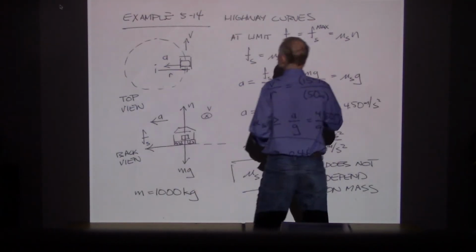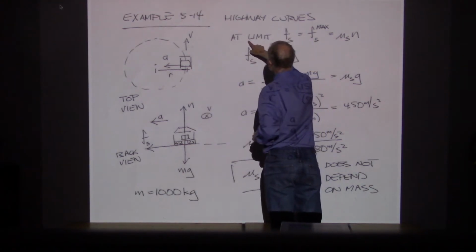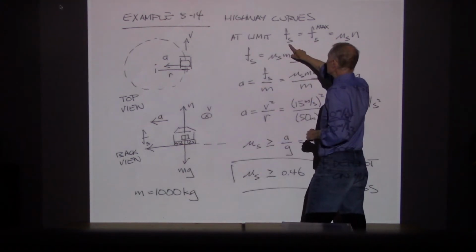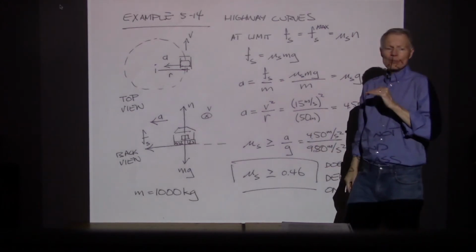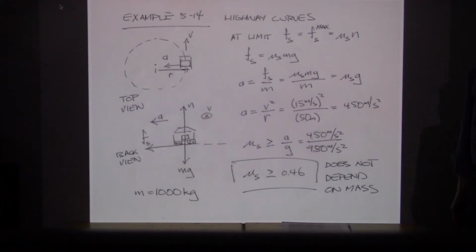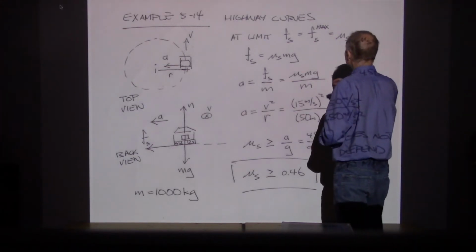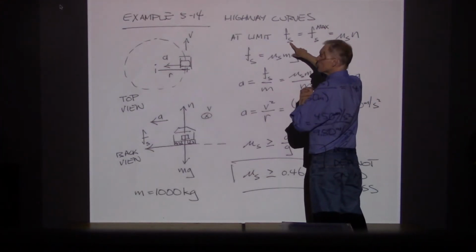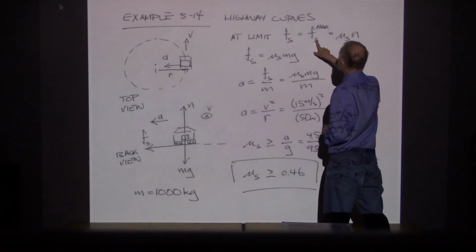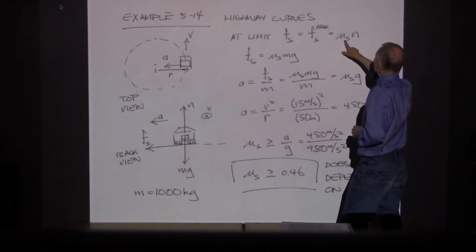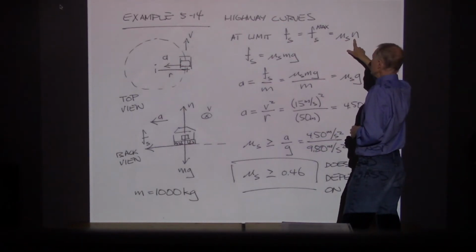So let's do this. Let's say we're looking at some highway curves, and right at the limit, okay, this is not advised either. Don't always drive right at the limit of your static friction. Give yourself a little margin to work with. But let's say that we're right at the limit of static friction, and that means that we're at mu sub s times n.